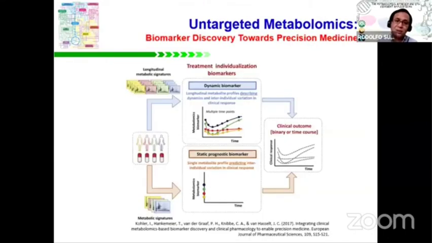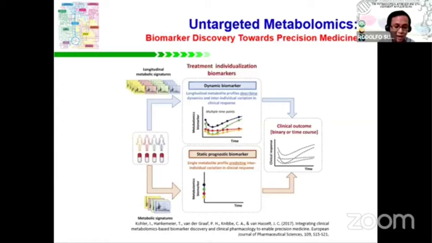Okay. So I mentioned a while ago that the focus of this presentation is how can we employ metabolomics, especially basic research in metabolomics, in the clinical setting. Now, if I may be honest, this is actually a long way to go, the application of metabolomics in the clinical setting.